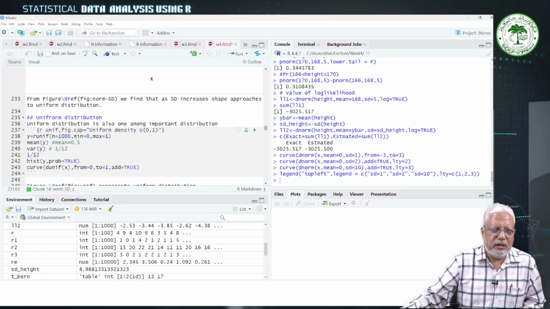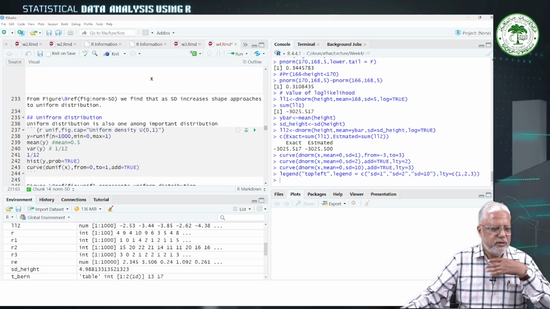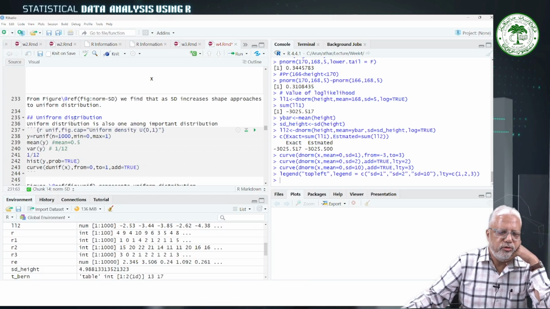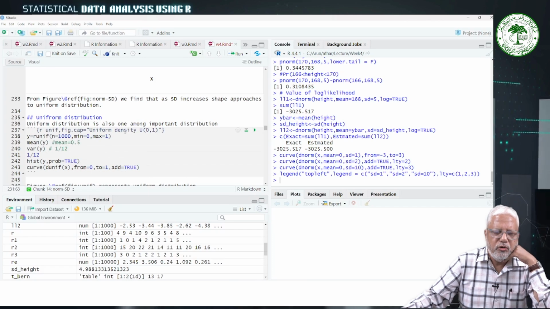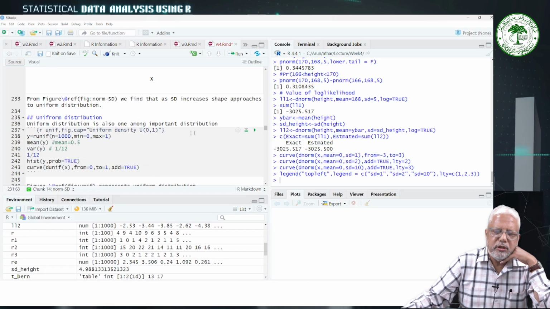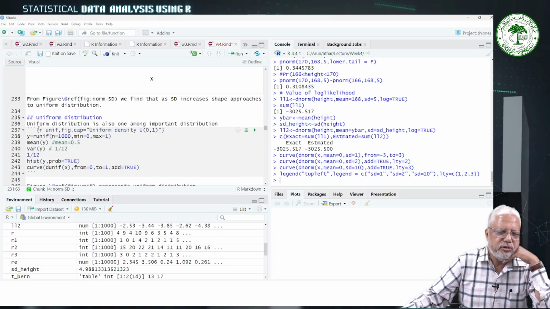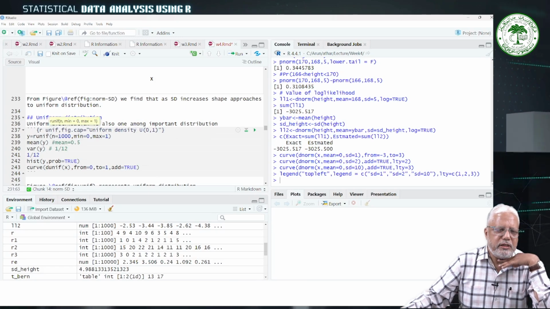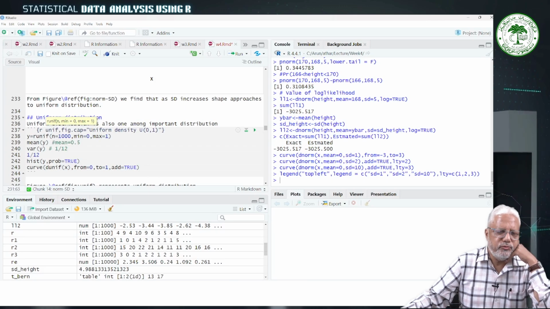Now I am going to talk about another distribution which is known as uniform distribution. Uniform distribution is also one among the important distributions. y is equal to runif. When we were generating a sample from normal distribution, it was rnorm.